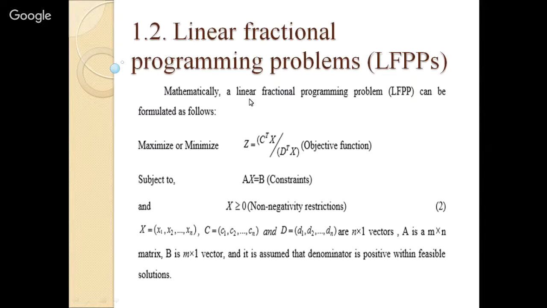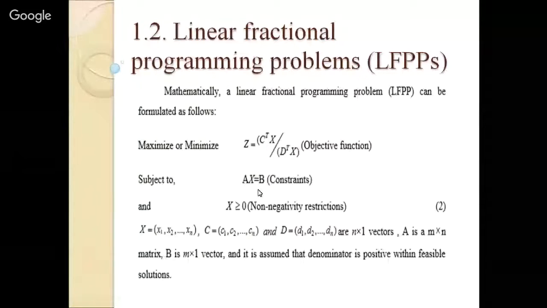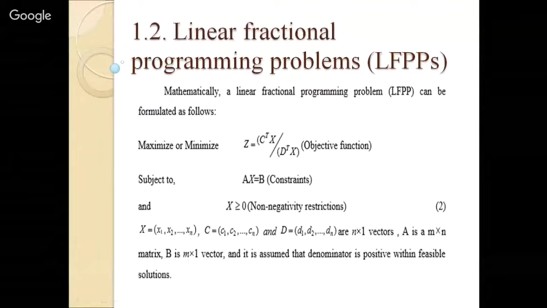A linear fractional programming problem can be described by maximize Z equals C transpose X divided by D transpose X. This is in fractional format, and this is the set of constraints. The constraints may be in less than, equal to, or greater than form; it is not always necessary to have equal or less than. And X has the non-negativity restriction.